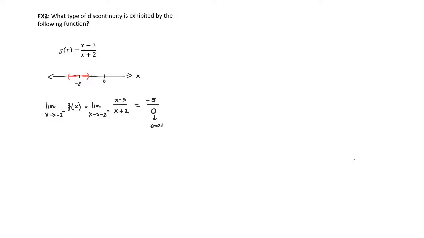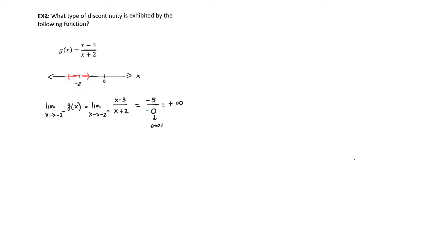Let me just symbolically put a negative over here. When I do that division, -5 over something negative but very small, I am going to get something very, very large. And the two negatives are going to cancel each other out. So I am going to get positive infinity. So this limit goes towards positive infinity as x approaches negative 2 from the left. So this is already enough for us to say we have an infinite discontinuity.